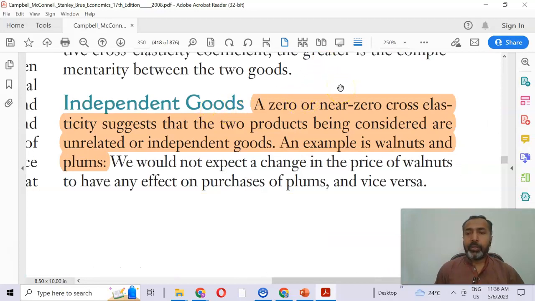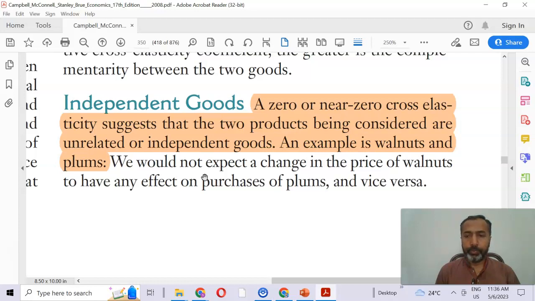Independent goods are those goods which are not related to each other, and a price change of one product will not affect the demand for another product. For example, if the price of walnuts increases, the demand for plums will remain unaffected. In such cases, the cross elasticity of demand will be 0.